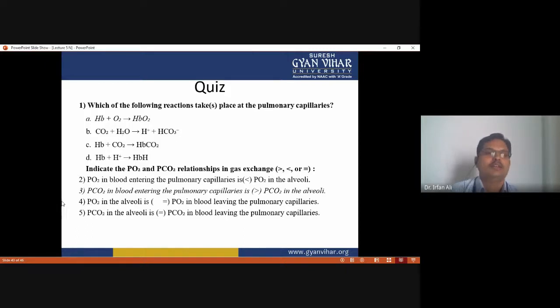And the following question indicates the relationship between the partial pressure of oxygen and the partial pressure of carbon dioxide in gas exchange. Okay. So the first question is: is the partial pressure of oxygen in the blood entering the pulmonary capillary less than, higher than, or equal to the partial pressure of O2 in the alveoli? As we have discussed, oxygen and carbon dioxide transport take place down the concentration gradient.